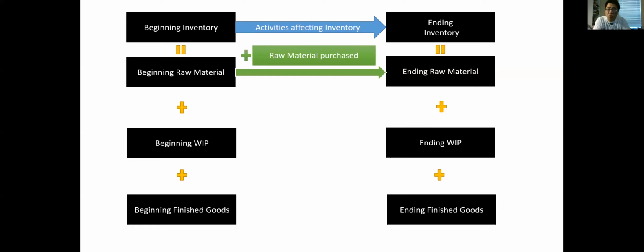When companies start projects and start to use the raw material to make WIP, which essentially is going to be converted to finished goods, the raw material is used, it is no longer raw material anymore, it becomes part of the working process, WIP. So this is the moment the raw material balance is reduced. We see that on top of the arrow, the green one, we have how the raw material balance increased for the period. Below the arrow, we see raw materials are consumed, which will reduce the raw material balance, and which will give us the ending raw material balance.